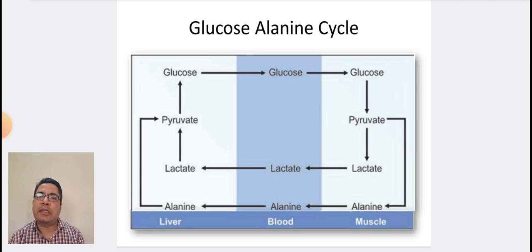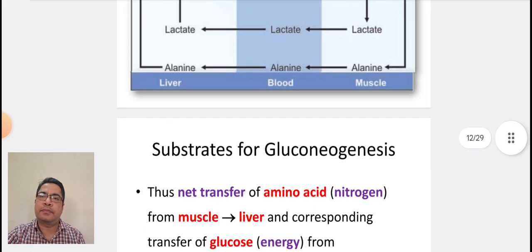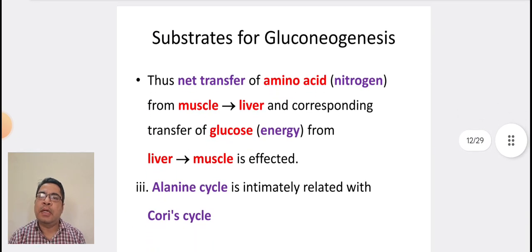These lactate and alanine once again enter into the blood and reach the liver, and in this way, glucose alanine cycle goes on. Thus, net transfer of amino acids, that is nitrogen, from muscle to liver and corresponding transfer of glucose, that is energy, from liver to muscle is effected. Alanine cycle is intimately related to Cori's cycle.